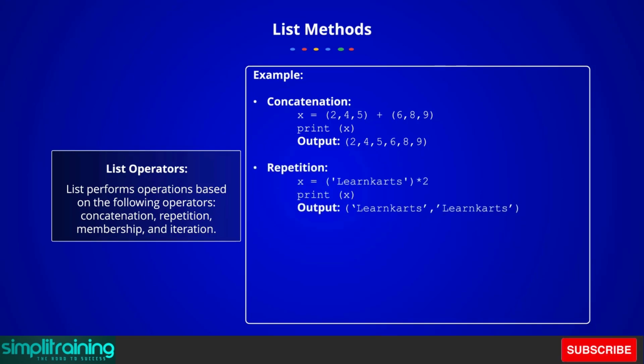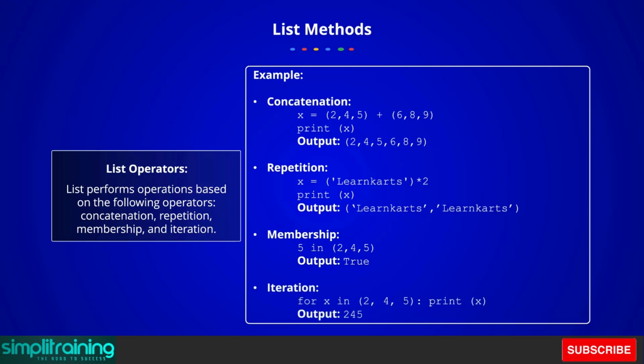A list containing learn cards times 2 would result in a list containing learn cards, learn cards. Membership. 5 in a list containing 2, 4 and 5 would result in True since 5 exists in that list. Iteration. For x in 2, 4, 5, print x would result in 2, 4, 5.